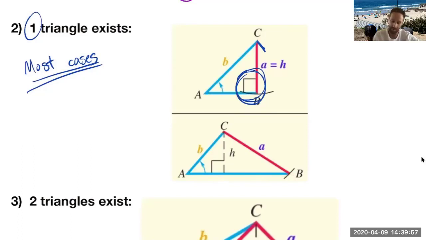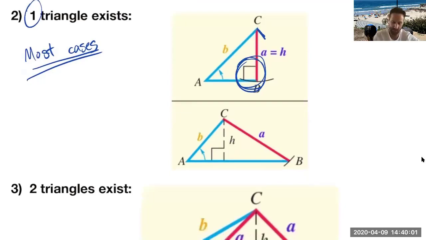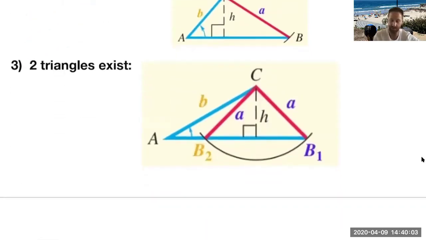All right. But here's the weird, strange case, the ambiguous case, so to speak, is when two triangles exist. And that is if we were to take that length here, what they gave me, remember, angle, side, side.